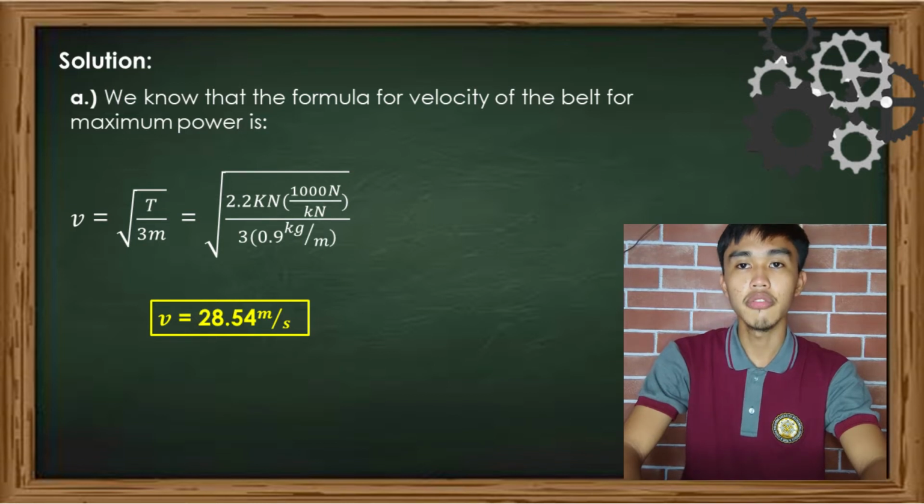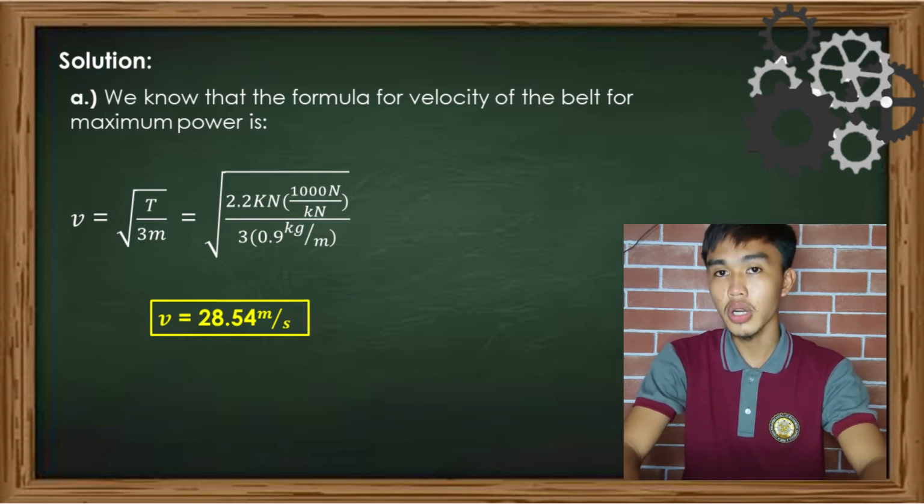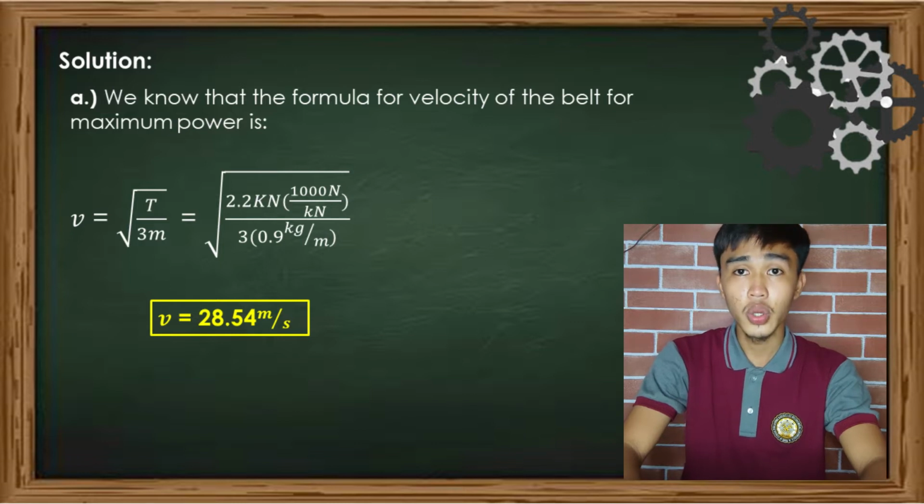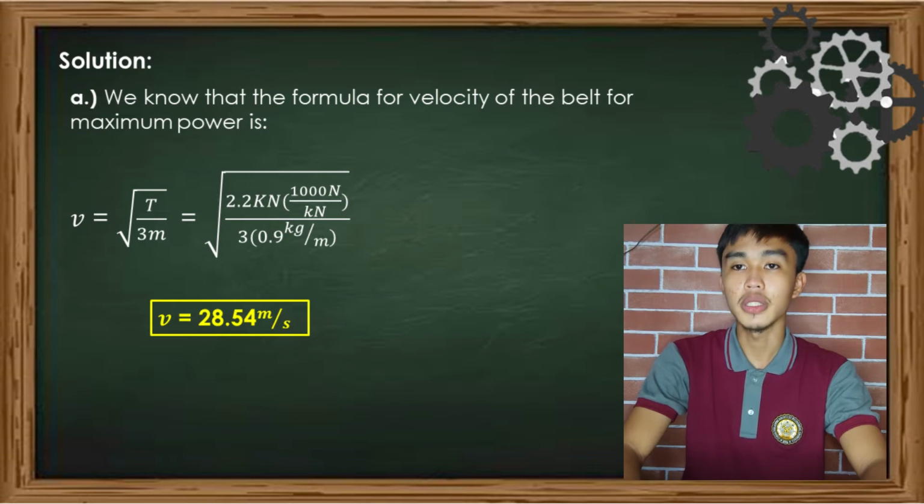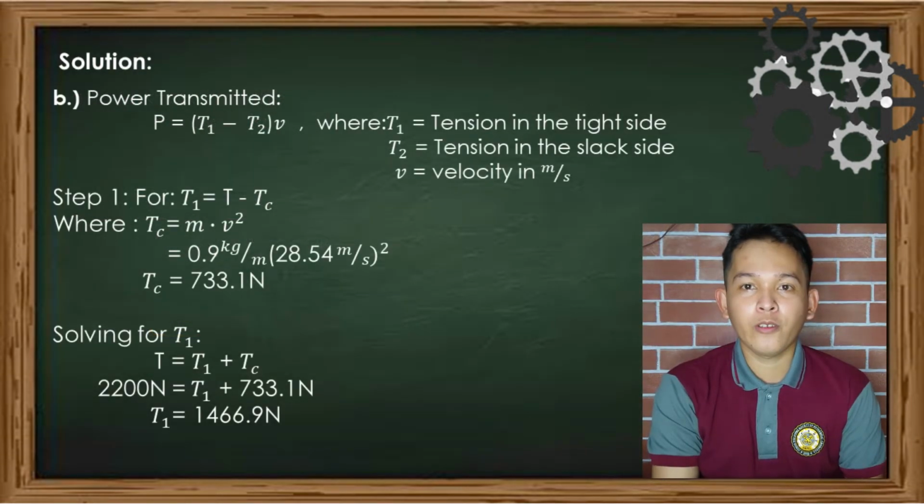So we substitute the given: V is equal to the square root of 2.2 kilonewton times the quantity of 1000 Newton over 1 kilonewton, over 3 times the quantity of 0.9 kilogram per meter. Thus, we have the velocity of 28.54 meter per second.